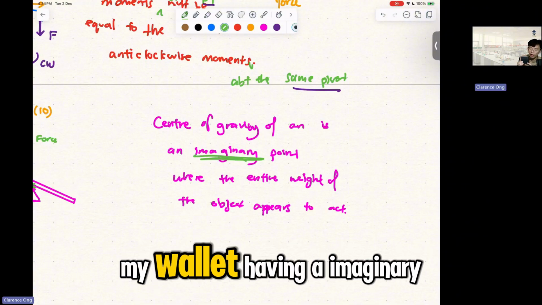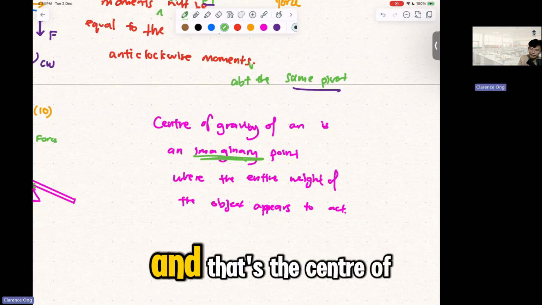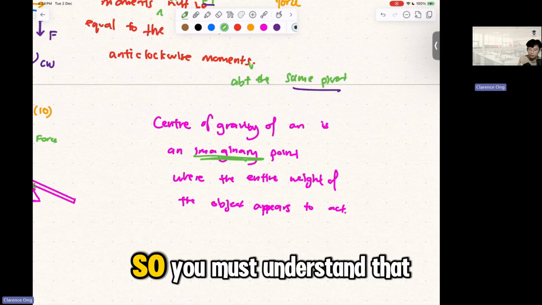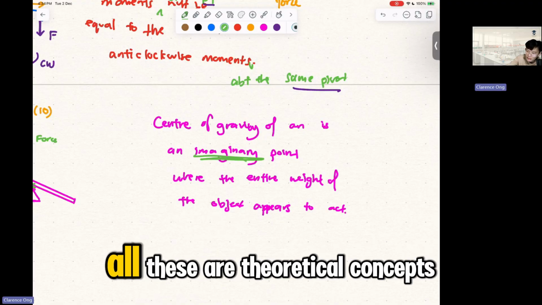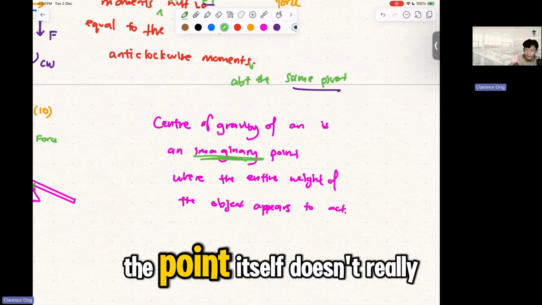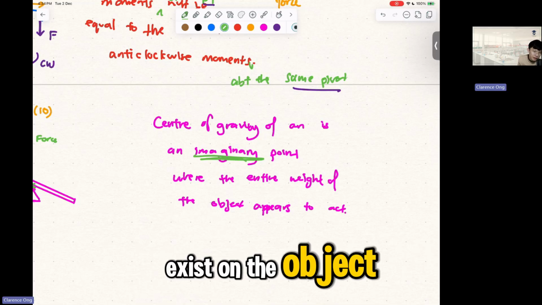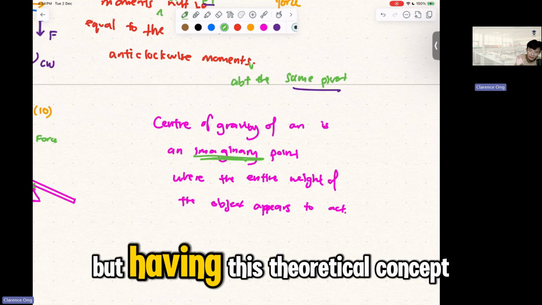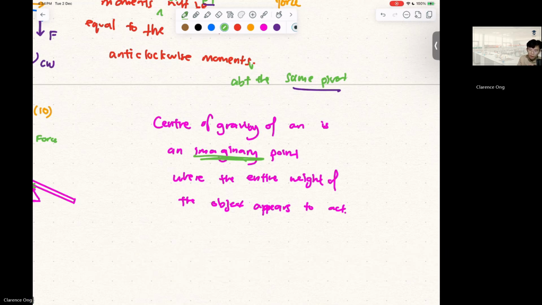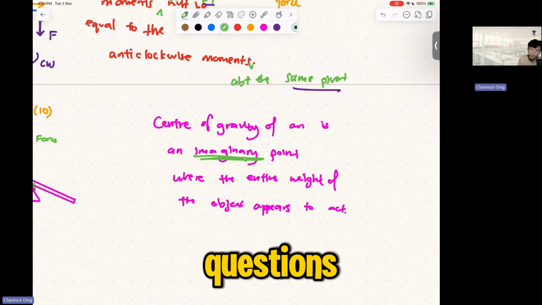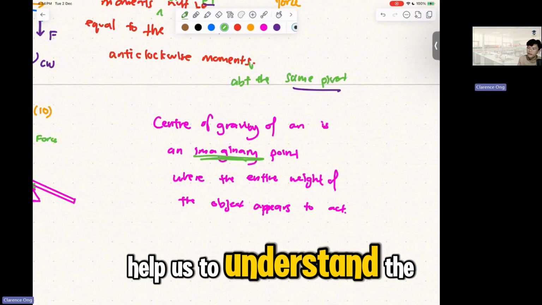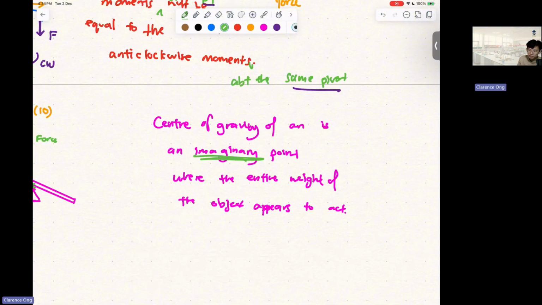Or I can think of my wallet having an imaginary point, and that's the center of gravity. So you must understand that all these are theoretical concepts. The point itself doesn't really exist on the object. But having this theoretical concept will help us to solve questions. Will help us to understand the real world better.